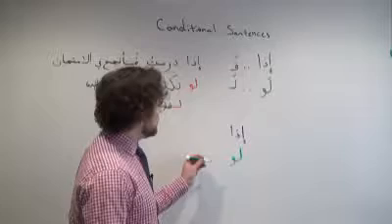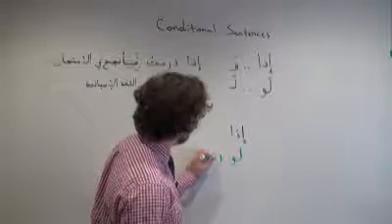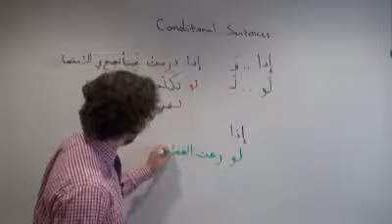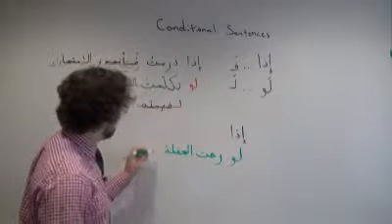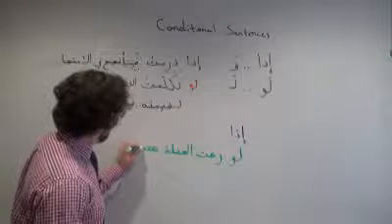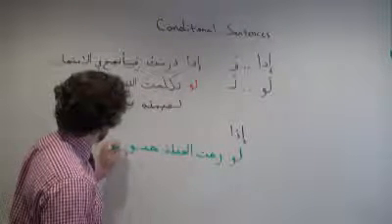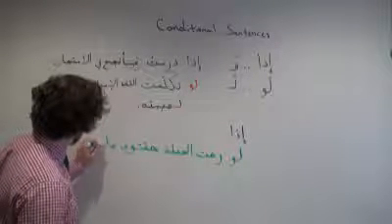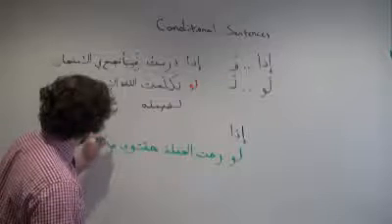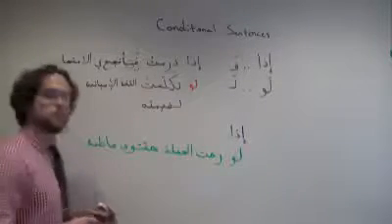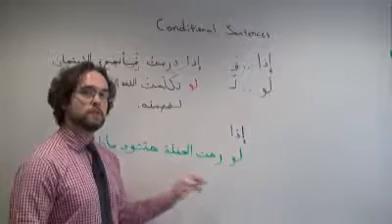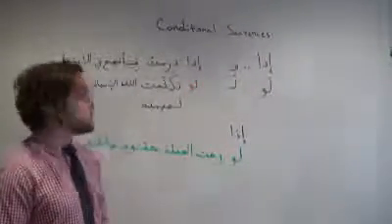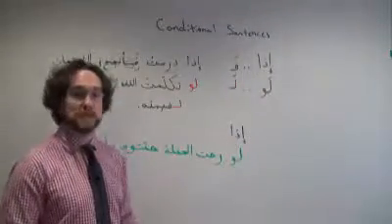We could say, لو رحت الحفلة هتشوف فاطمة. So here we are, we're talking about the future, but that past tense verb, رحت, if you went, is going to follow لو, just because that's the convention.